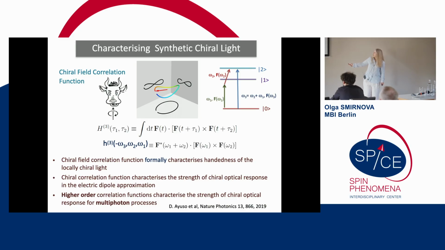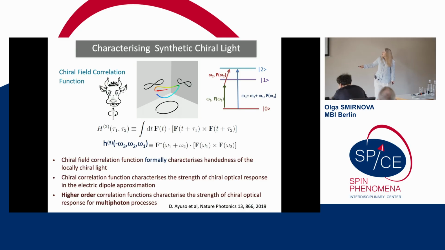And what you see is that you have a triple product of 3 polarization vectors carried at different frequencies. So for the lowest order of this correlation function, you would need to combine light of multiple colors such that these vectors corresponding to different colors are not coplanar.